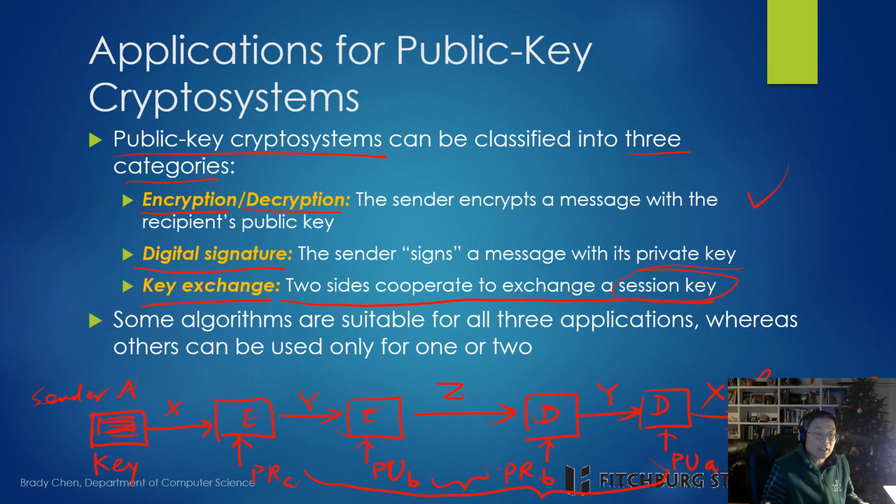Then both sides start to use the symmetric algorithm, that means the conventional algorithm, because conventional algorithms with the same key are very, very fast and efficient. But the public key crypto system is very flexible, but very, very slow compared with the conventional one. So it is only used to exchange the keys.